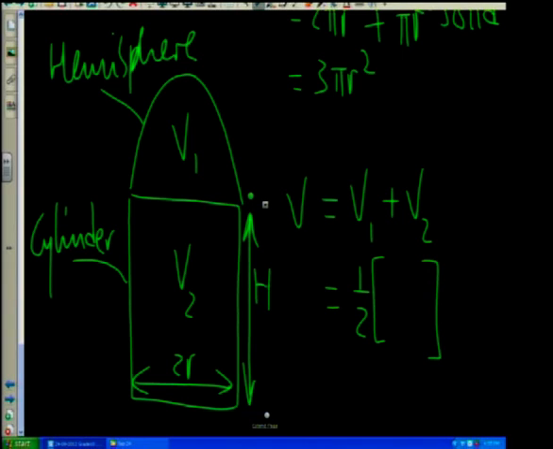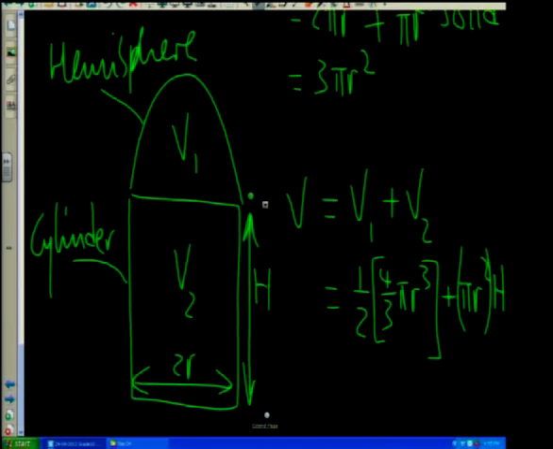The way we normally found the volume of a sphere, we would say half of 4 over 3 pi times the radius cubed. And to that we would add the volume of the cylinder, volume number 2, which is again the base area, which is pi r squared, multiplied by the height.